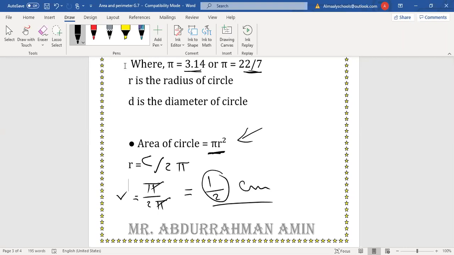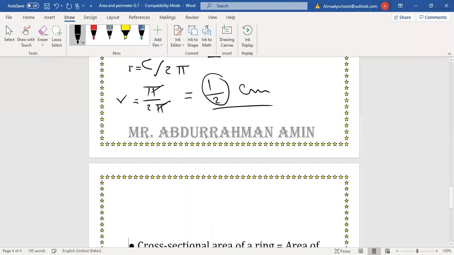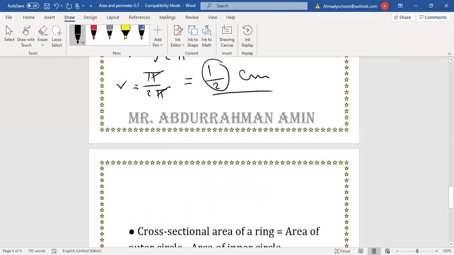I write the rule D equals the circumference divided by pi. The rule said C equals pi times D. 2D equals what?